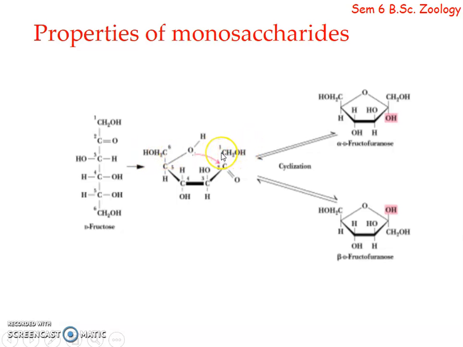Leaving behind the CH2OH outside the plane, the ring starts with the second carbon. Again the sixth carbon is left out, while the ring is completed with the oxygen of the hydroxyl group. Now what happens? This is the hydrogen, isn't it? And this is a pair of electrons, right?